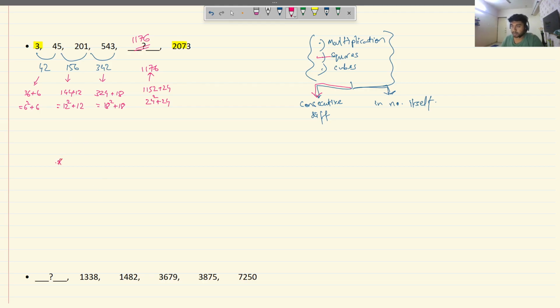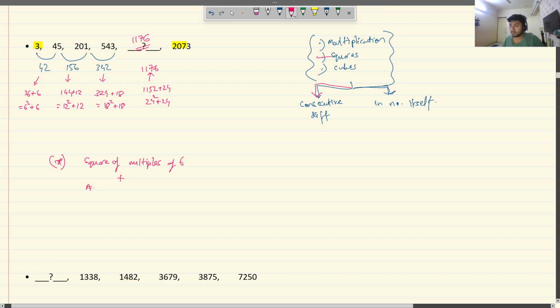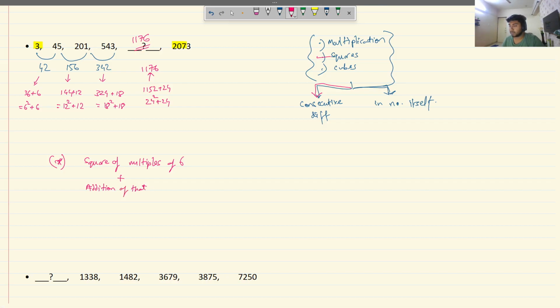So here the logic was the square of multiples of 6 plus the addition of that multiple of 6 itself.